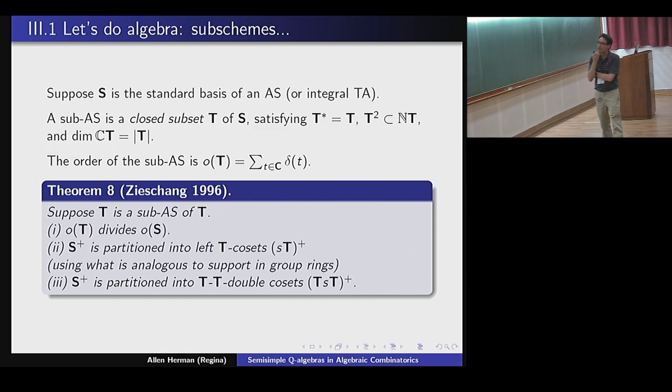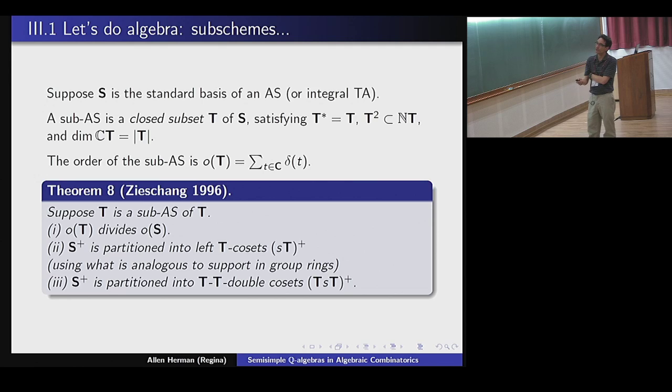So on. Now, the other thing you'd like to do, in the last few minutes here, is you'd like to be able to do algebra. You'd like to have a theory of sub-schemes, quotients, homomorphisms, etc. All of that is laid out by Paul-Hermann Zieschang and Harvey Blau, who worked in this direction a lot.